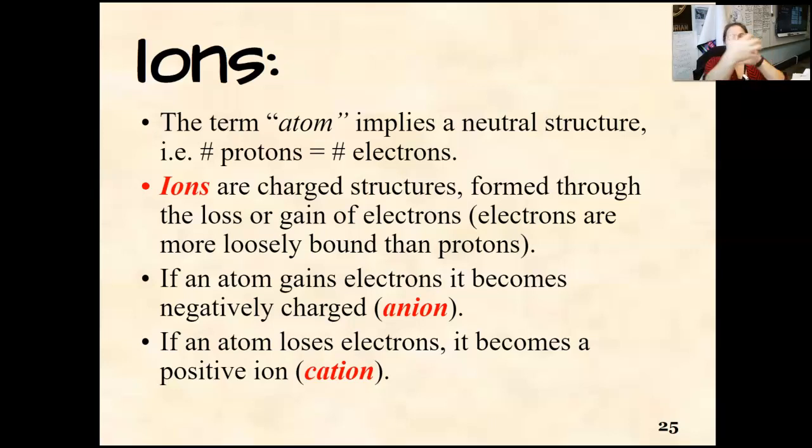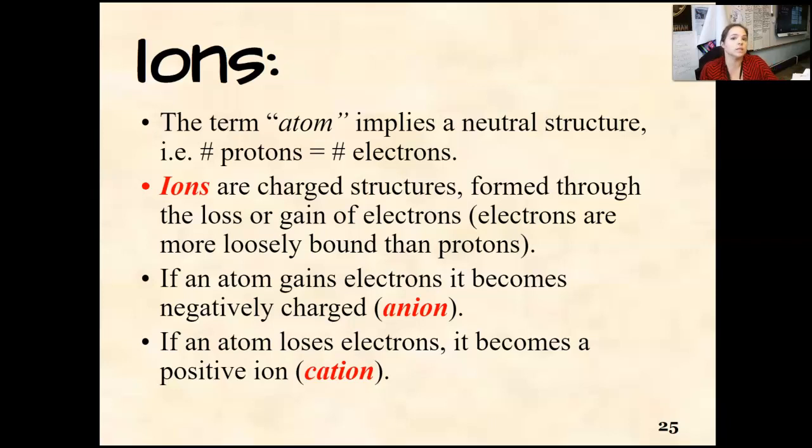Electrons are the ones on the outside of the atom, more free to leave or be gained from another element or particle. If an atom gains an electron, it becomes negative. I know that seems kind of in reverse, but we'll get to why. Think of it this way: it's an anion, with an extra N, negative, anion.